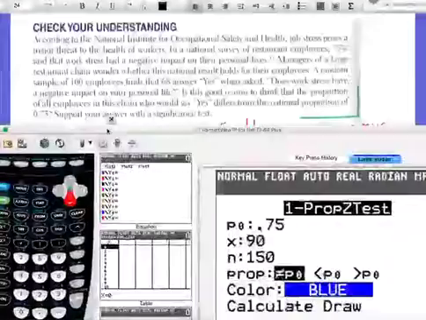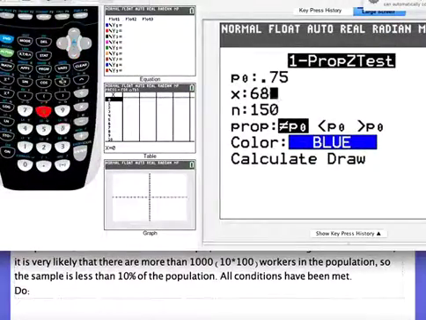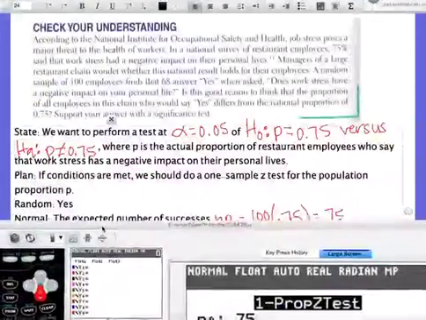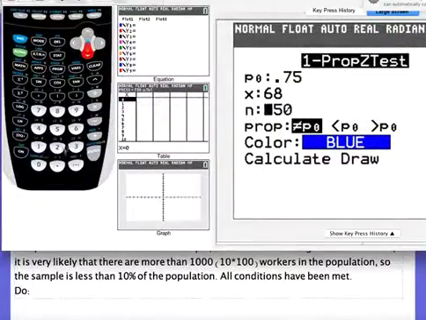Our X is going to be 68 people that said that work negatively affected their lives. The N is going to be the number of people in the sample, which is 100. We're not saying that we think it's less than or greater than. We're saying it's just not equal to P0. And so then we are going to calculate.